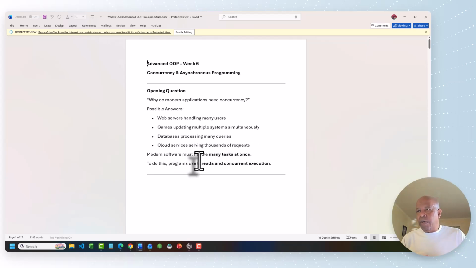So modern software is going to have to be able to handle multiple tasks at once. We cannot live in an environment where everything is single threaded. We don't have the time. So to do this, programs use threads. We'll do a deep dive into that, and then concurrent execution.